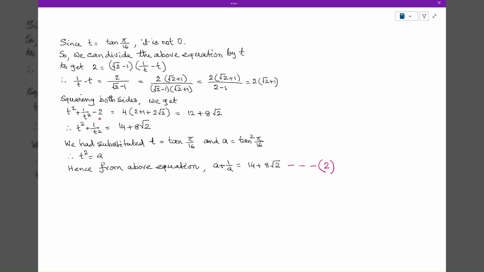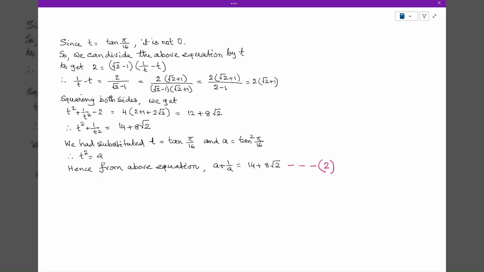Now taking this 2 to the other side, we get t square plus 1 by t square is equal to 14 plus 8 multiplied by square root of 2. We had substituted t is equal to tan pi by 16 and a is equal to tan square pi by 16, or t square was equal to a.